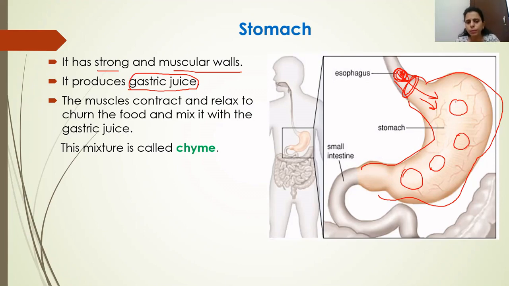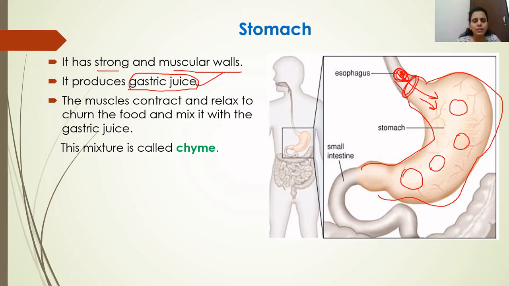In order to perform chemical digestion of the food present in the stomach, this food should properly get mixed with the gastric juice. Note the point: for proper chemical digestion of food in the stomach, the gastric juice should properly mix with the food.